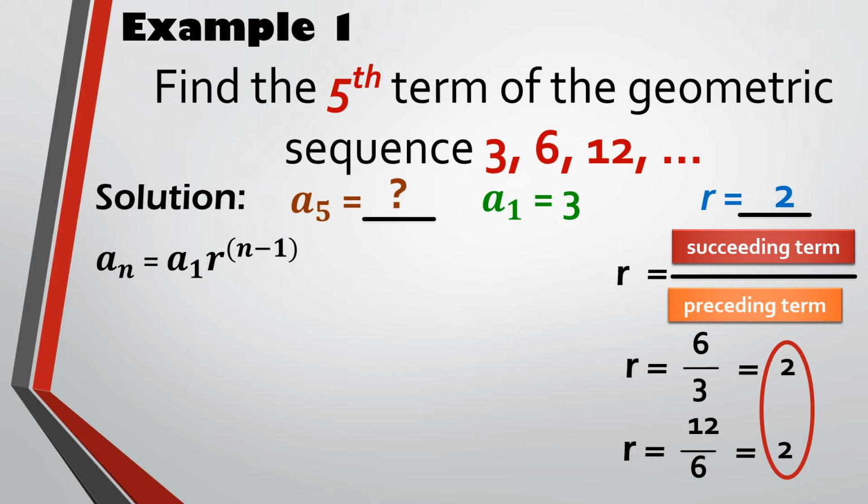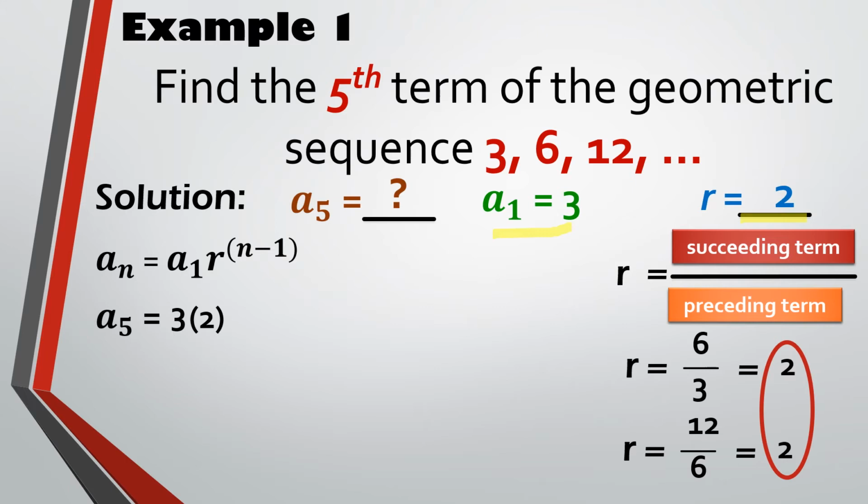So using the formula, a sub n equals a sub 1 times r raised to n minus 1. We are going to substitute a sub 5 equals a sub 1 is given in the problem, which is 3, times r, which is 2.